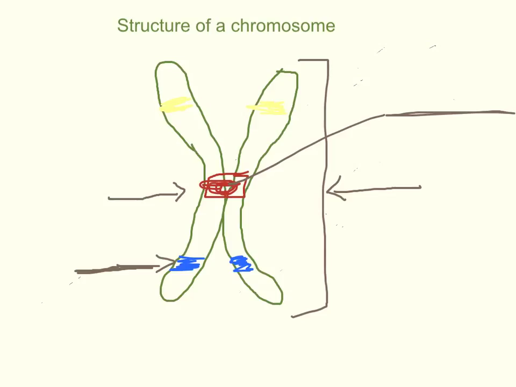Okay, so we have a few things to label on the structure of a chromosome. So first of all, I wanted to know what half of this was and when that was.